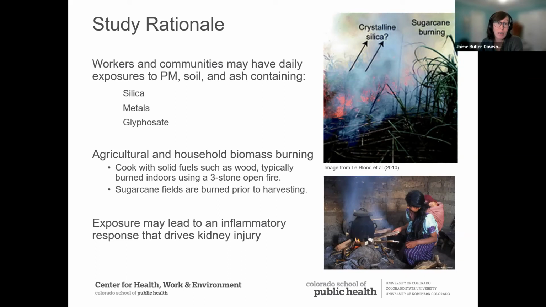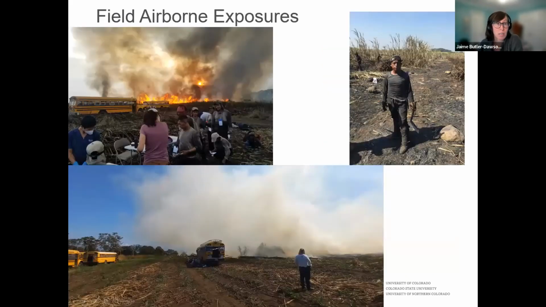And silica and metals occur naturally in the soil and also in the sugarcane because of the volcanic region in the area. So we'll be looking at, in these studies, agricultural and household biomass burning. So what are these workers exposed to occupationally and then when they go home? And these exposures may lead to an inflammatory response that drives kidney injury, which may lead to chronic kidney disease of unknown origin. Next slide, please.